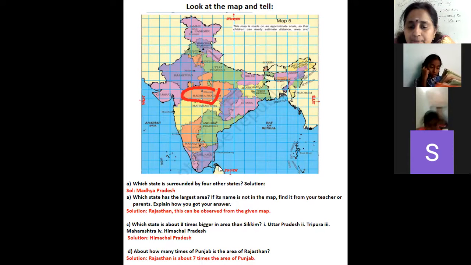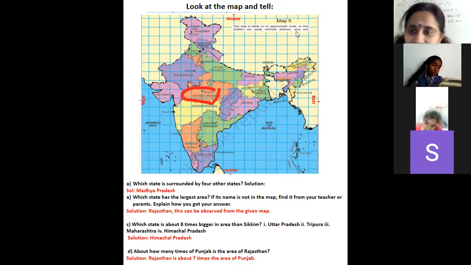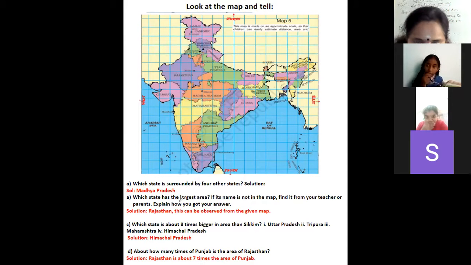Next, how many times is Rajasthan the area of Punjab? Rajasthan is 7 times the area of Punjab. Students can see the answers. Yes, that is the mistake I made, I forgot to hide the answers. Where is Rajasthan?